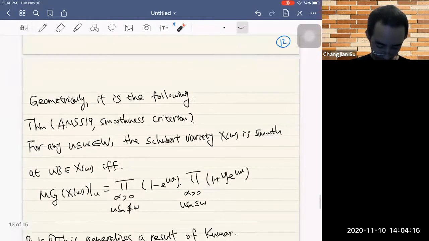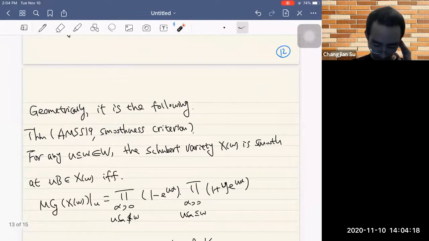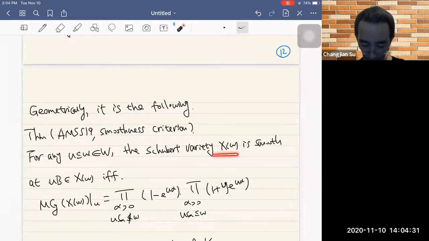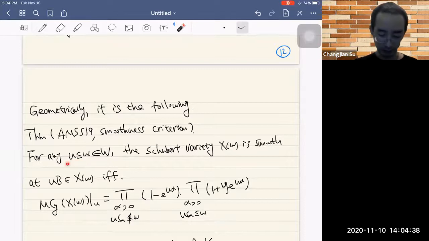Geometrically, this is a smoothness criterion for Schubert varieties. We consider the Schubert variety X_W, and another torus fixed point given by another element U in the Weyl group, with U smaller or equal to W. Because U ≤ W, this torus fixed point lies inside the Schubert variety.